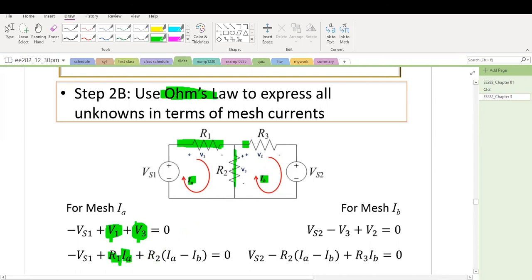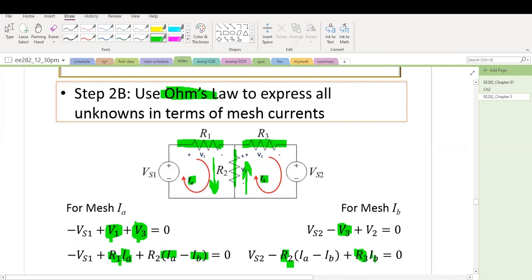So what's the current flowing through R2? That's IA minus IB. The same thing here, this is V3. And what is V2 here? V2 is the voltage on R3, so R3 multiplied by the current flowing through R3, which is IB, that branch current being equal to the mesh current IB.